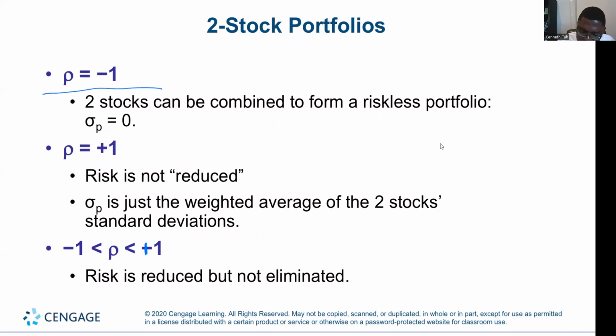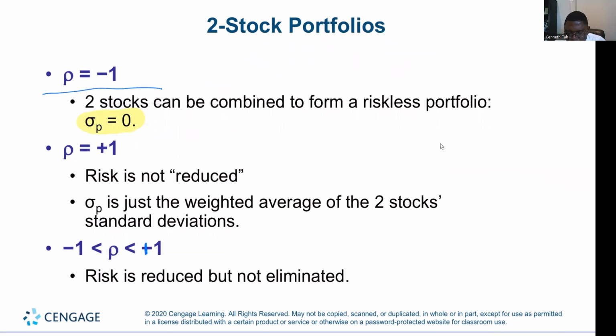So in that case, the portfolio standard deviation or risk is going to be equivalent to 0. If the correlation coefficient between the stocks is +1, the risk is not reduced. The risk is just the weighted average of the two stock standard deviations.